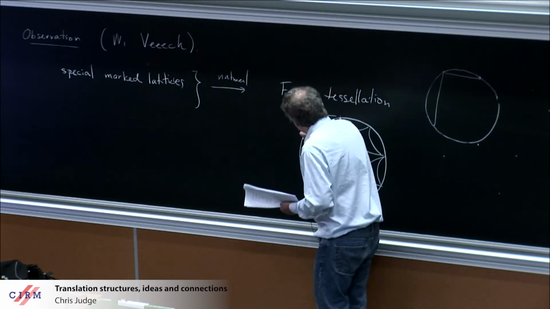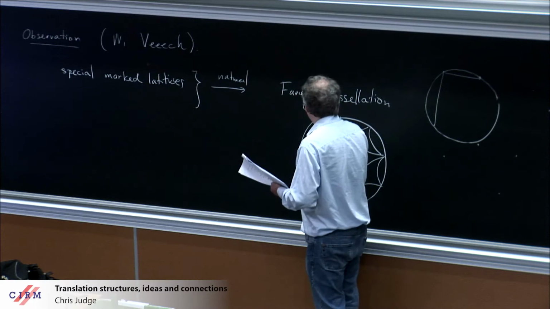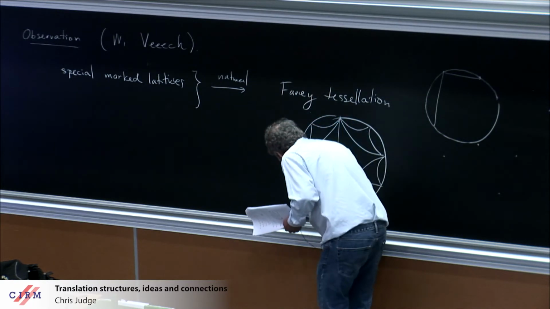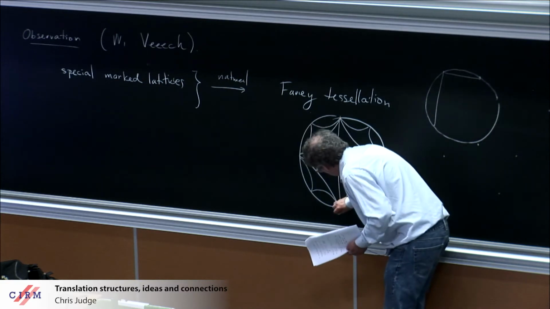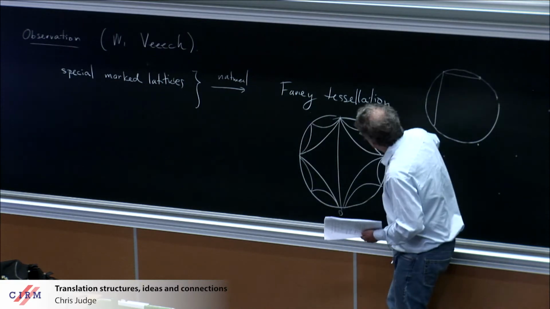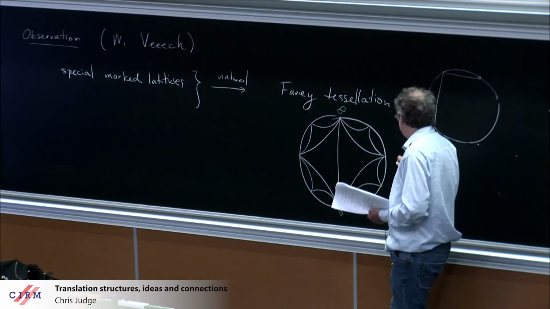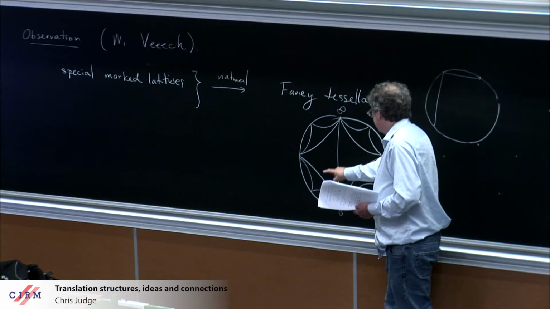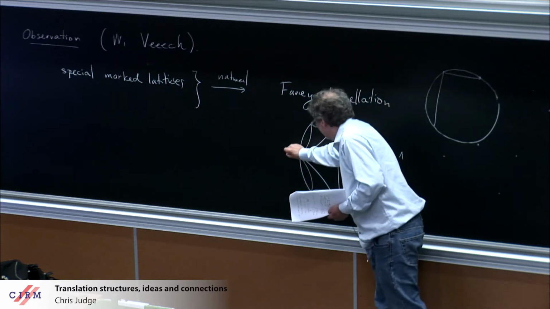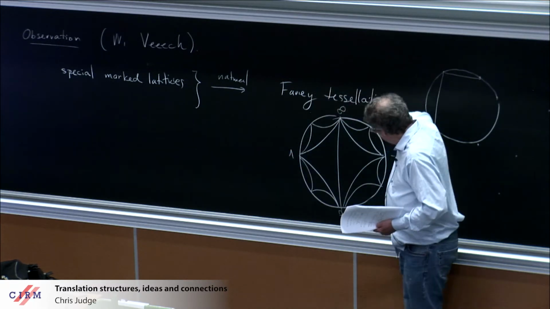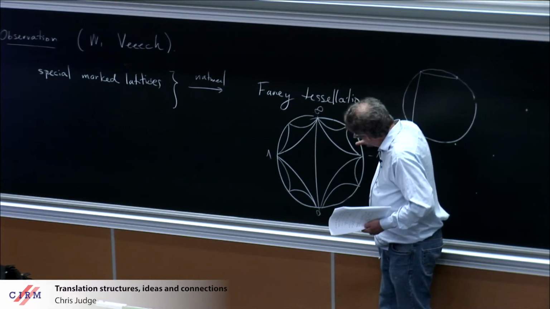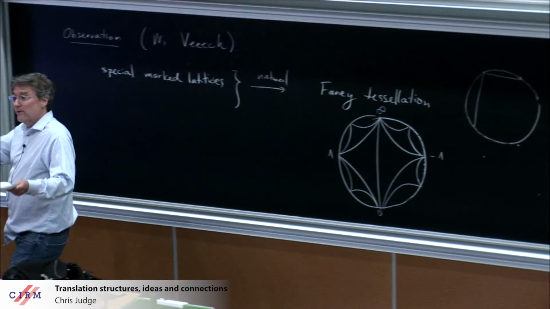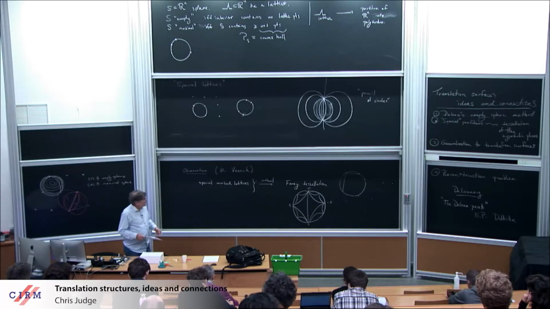I said hyperbolic plane, and I do mean plane, but it's just nicer to draw it this way. The real line is here. I've compactified the real line like that, and I guess I'm going around this way, so maybe this should be -1 and this should be 1. And so the real line, and then you get all the rationals by continuing in this process. So that's the Farey tessellation.